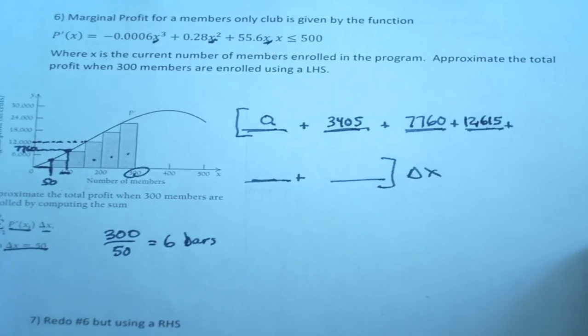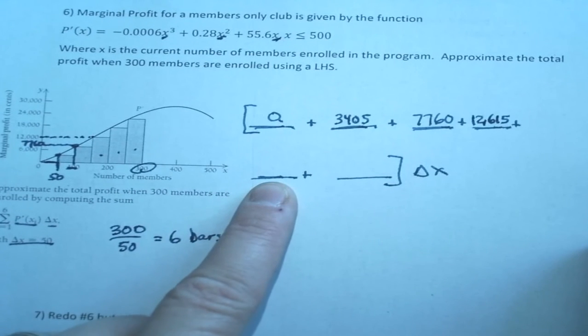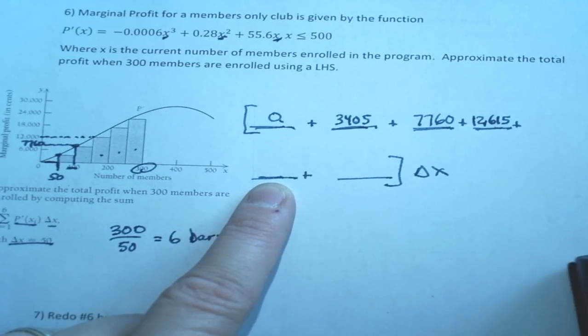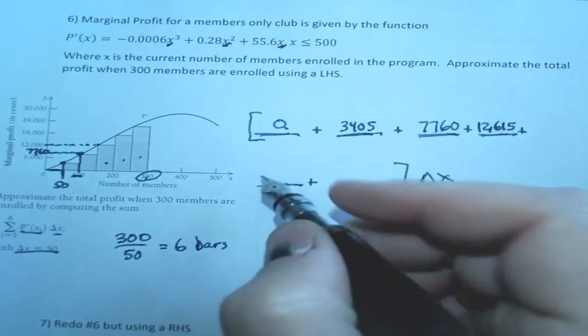Now 200. So negative 0.0006 times 200 cubed, plus 0.28 times 200 squared, plus 55.6 times 200, and I get 17,520.